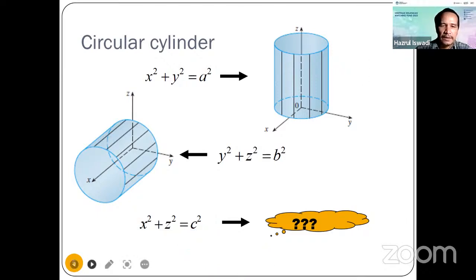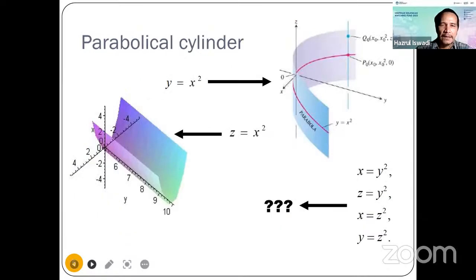Okay, let's continue with the parabolical cylinder. As I told you before, the parabolical cylinder means that the parabola moves along a straight line. For example, y is equal to x square means that we have this parabolical cylinder: y is equal to x square moving along the z axis.